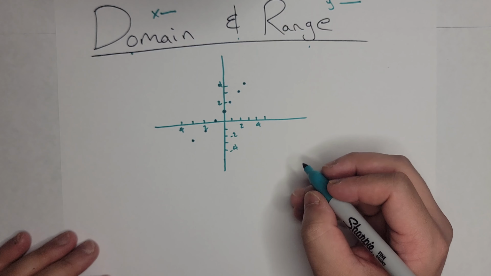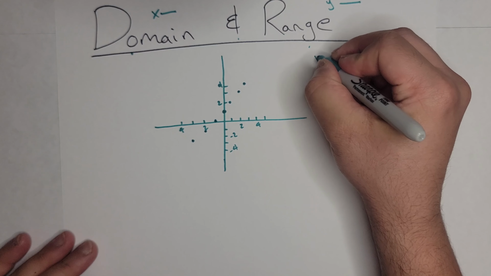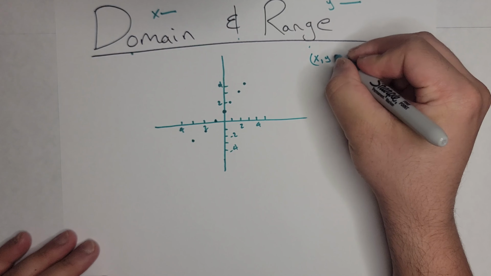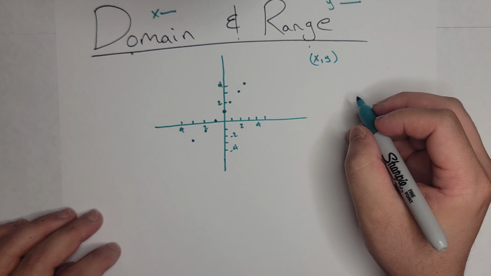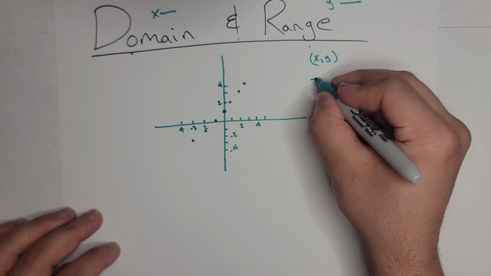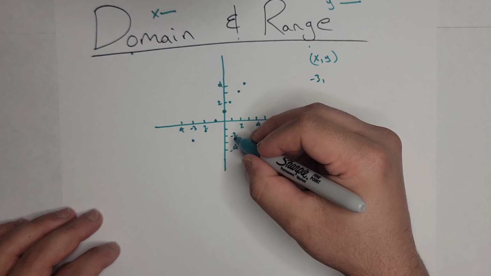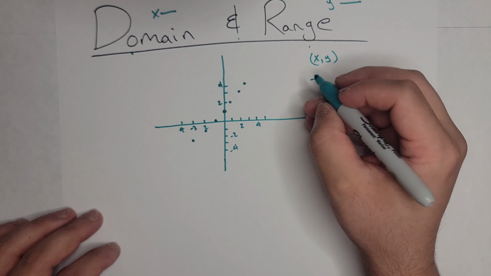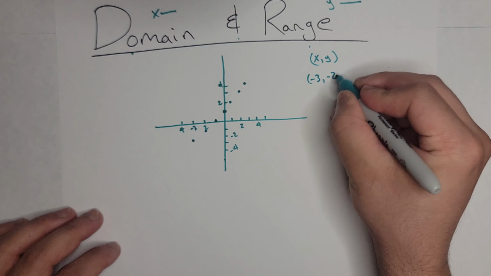And these points are, if we were to map them out as x and y coordinates, at -3 we have a value of -2.